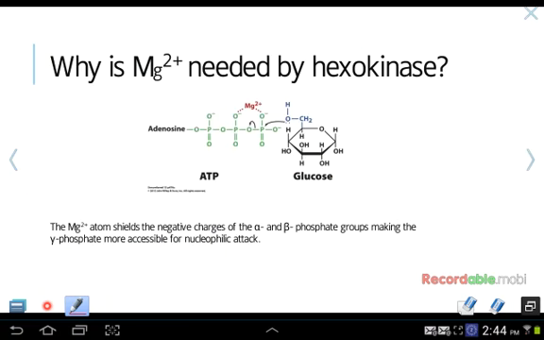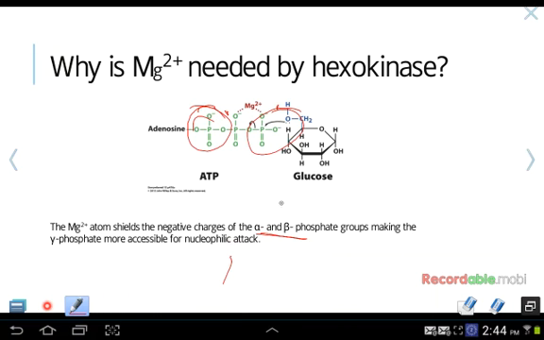So why is magnesium needed by hexokinase? The reason magnesium is used by hexokinase as a co-substrate is that it will shield the negative charges of the alpha and beta phosphate groups, making the gamma phosphate more accessible for nucleophilic attack.